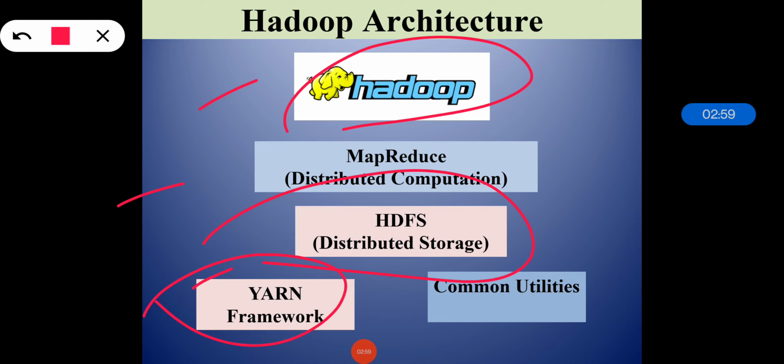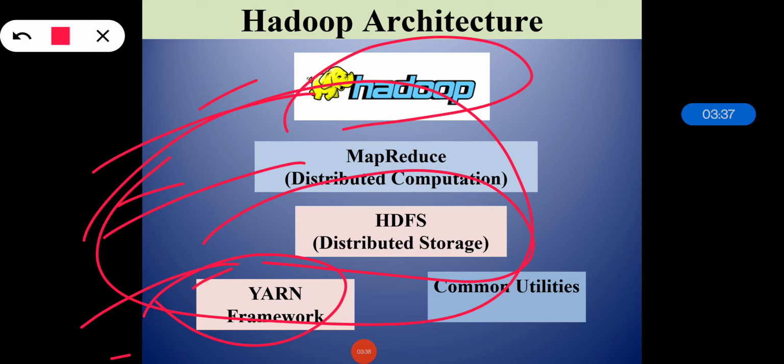And since 2012, the term Hadoop has come to refer not just to the basic modules, but also to the ecosystem and collection of additional software packages that can be installed on top of or alongside Hadoop, such as Apache Pig, Apache Hive, Apache HBase, Apache Phoenix, Apache Spark, Apache Zookeeper, Cloudera Impala, Apache Flume, Sqoop, Oozie, Storm, Spark, etc.